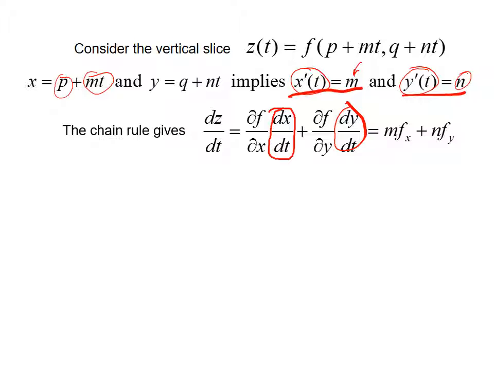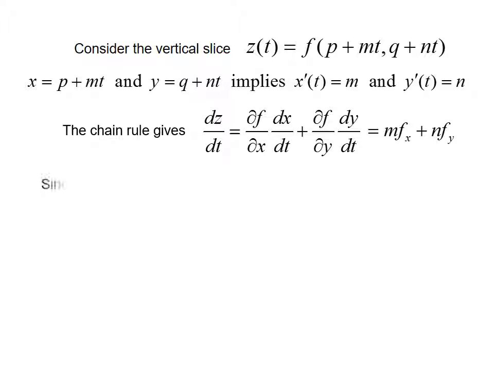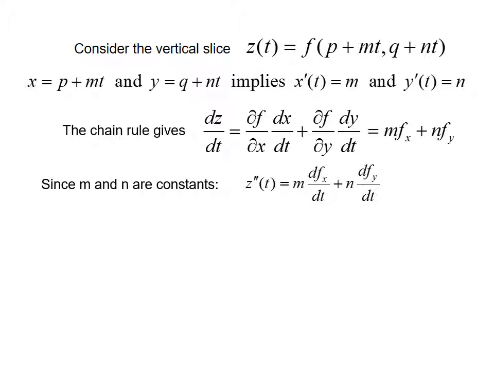And then we'll do the second derivative. So we're going to do the derivative of this. Okay? m is a constant. The derivative of f sub x is the derivative of f sub x with respect to t, and the derivative of f sub y with respect to t.